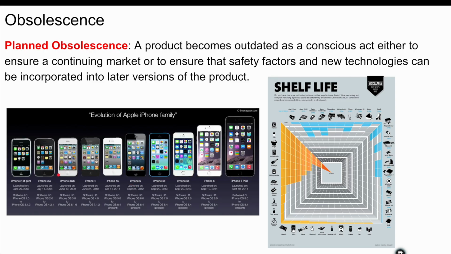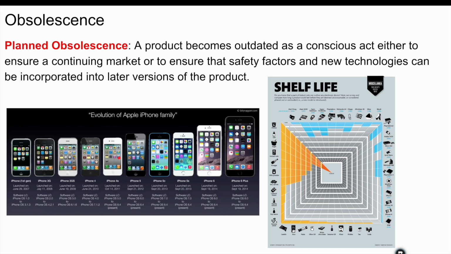For instance, of course this can be argued, but the idea is that Apple will actually plan out their obsolescence. The operating systems that are being pushed out every year do not work on certain earlier models.